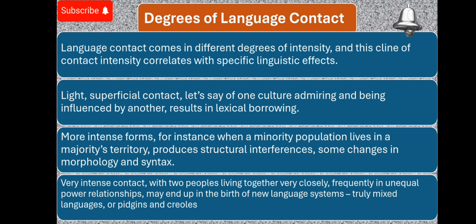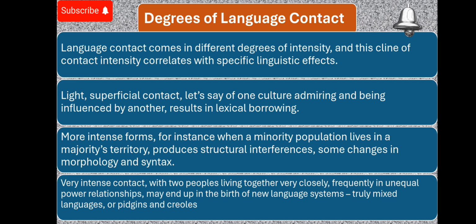The next one, more intense forms. For instance, when a minority population lives in a majority territory. Let's say, for example, that a group of people from Pakistan, from Africa, from India, go and live in the United States of America, or they live in Great Britain.